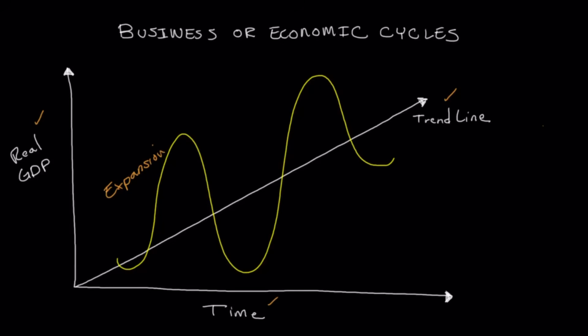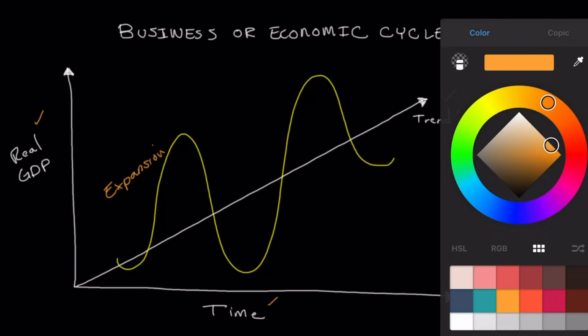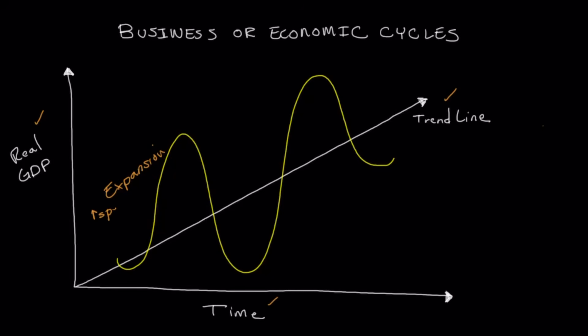Now, an expansion, as you know, is the increase in GDP and is important for a variety of reasons. Not just that it itself is an expansion, but it's important because of what that means for individuals and businesses in the economy. So expansions typically result from an increase in spending.